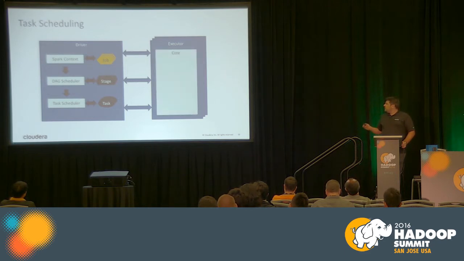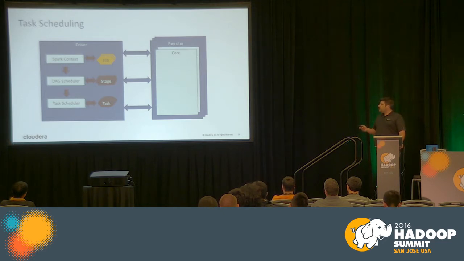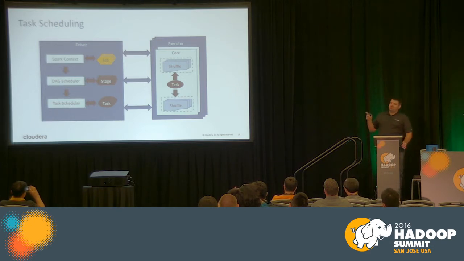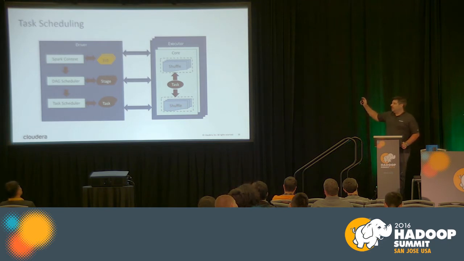So each executor has a core, actually, could have multiple cores, and each one of these tasks, my fancy animation, runs on one of the cores and can read shuffle data, can write shuffle data, sometimes. So sometimes it's reading directly from HDFS. This is why it's a dotted line. And then sometimes it's writing out to, let's say, HDFS or something else. But in between stages, it's reading and writing from shuffles, right?